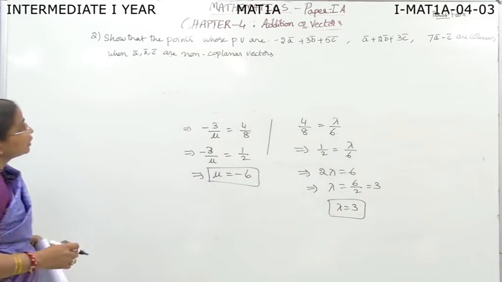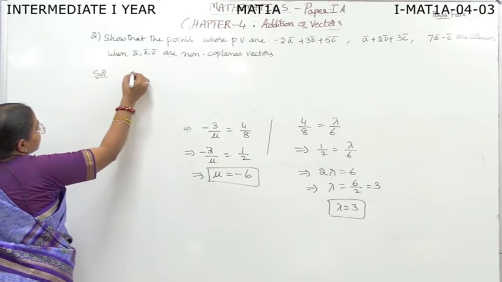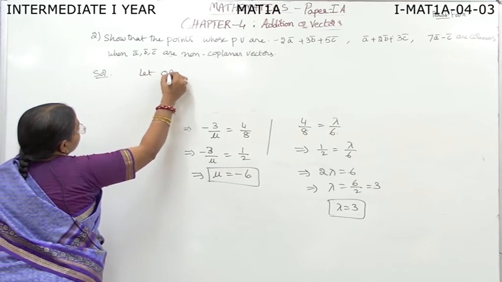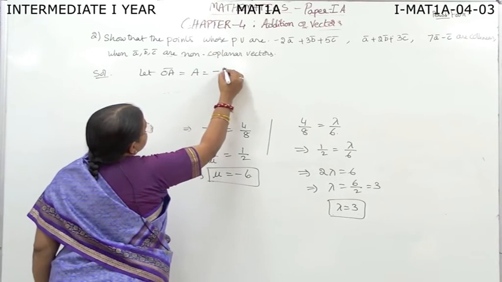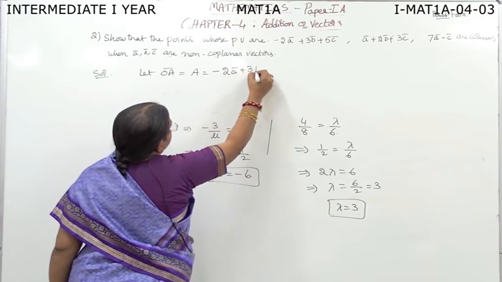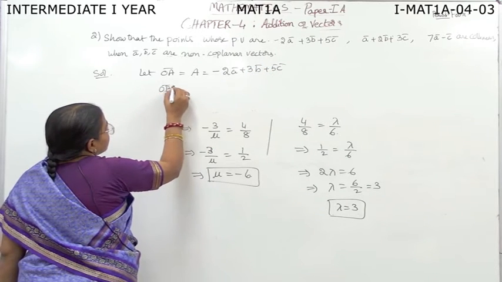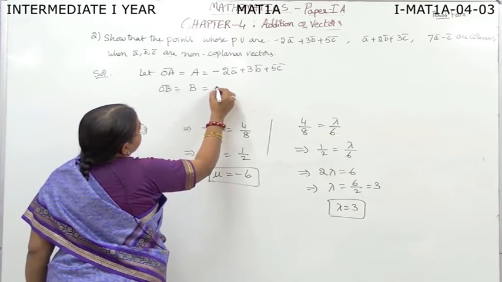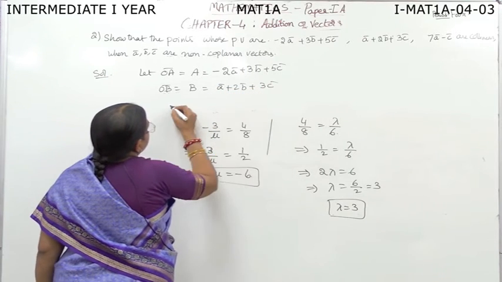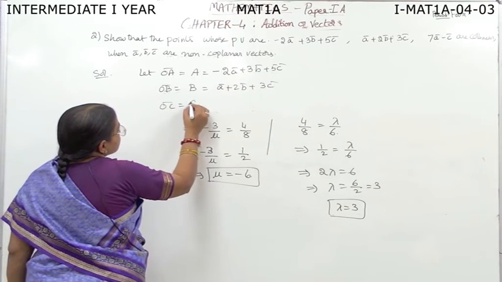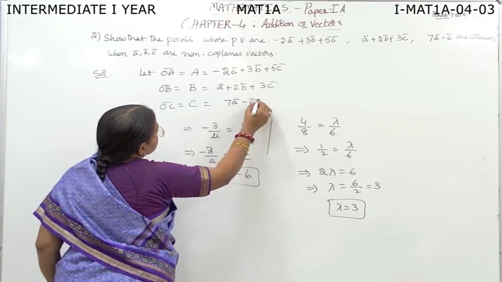Now you must show that these are the points. So let OA be equal to minus 2a plus 3b plus 5c, and OB, this is point B, is a plus 2b plus 3c, and OC, the point C, is 7a minus c.